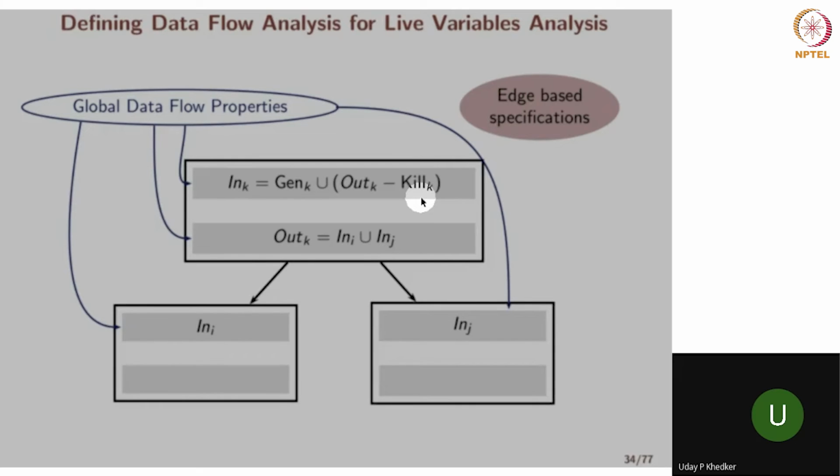However, there are interesting analyses such as pointer analysis or constant propagation. These analyses are called non-distributive. In these analyses, the path-based specification is not identical to the edge-based specification. The edge-based specification gives us an over-approximation of the path-based specification.